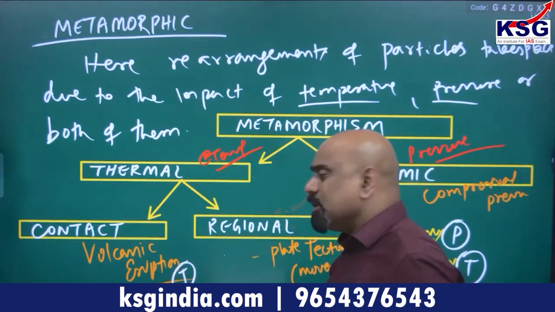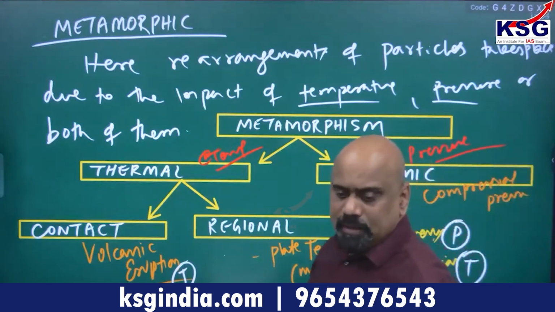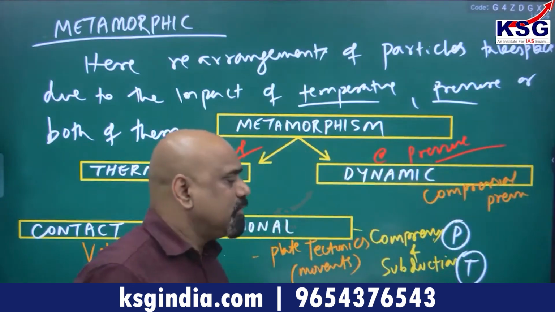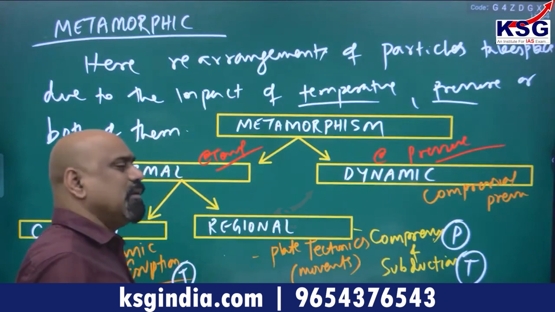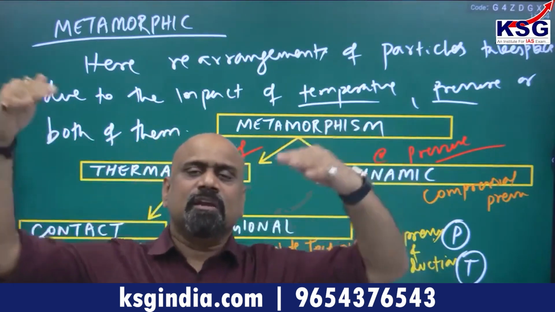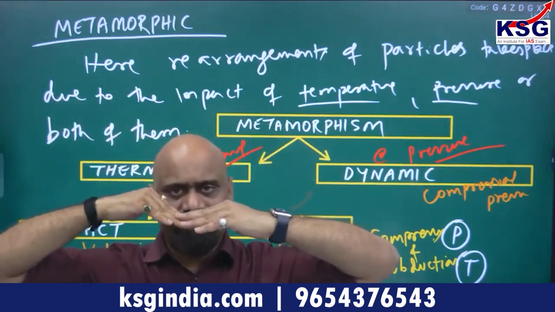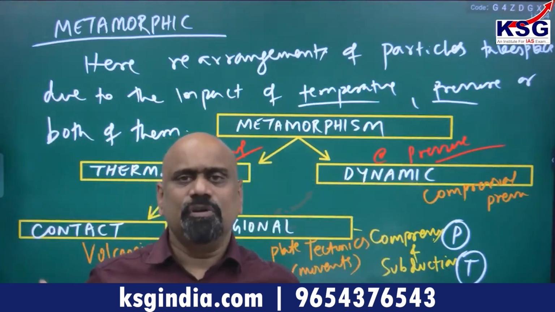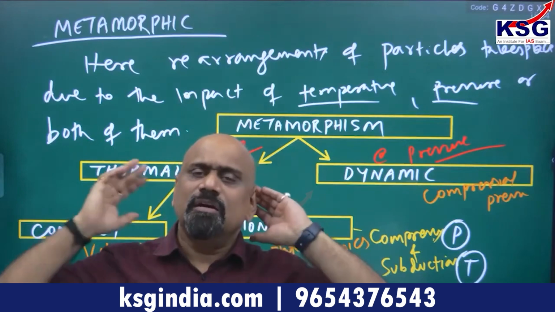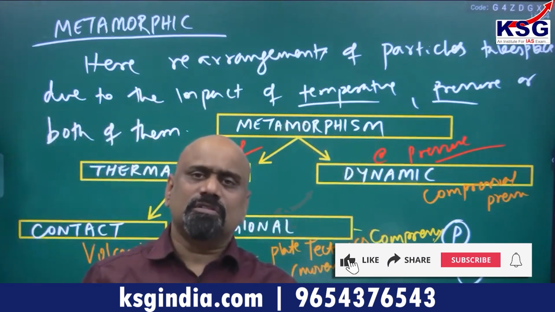But if there is plate movement, compression will be there, as well as if two plates, oceanic and continental plates, are moving. There are differences in their density, as I told you about oceanic crust and the continental crust.